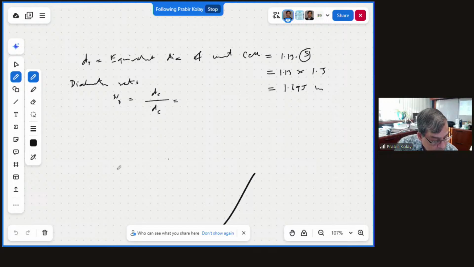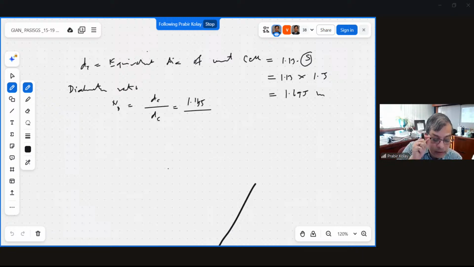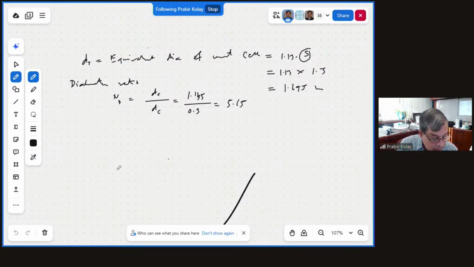Here DE we just calculated as 1.695, divided by the diameter of the sand grain, 300 millimeters, so 0.3 meter, and this will give you 5.65. Okay, ND is 5.65. So now you need to calculate the degree of consolidation for this case.